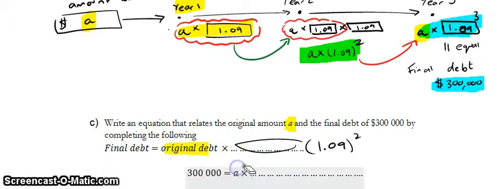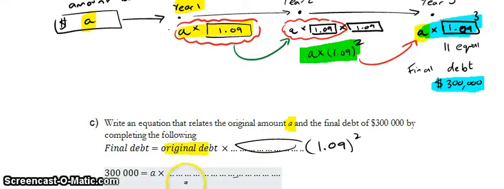Okay, don't worry about the color coding. 300,000 is my original A times by, it was a cube, sorry guys, times by 1.09 cubed, okay? So this is a number, and then this is a number, 1.09 cubed.